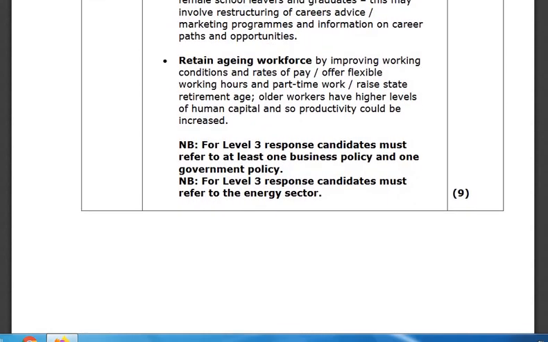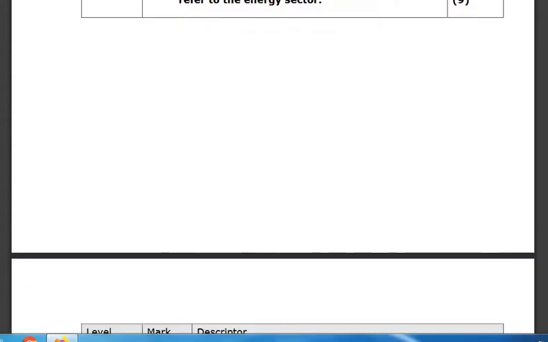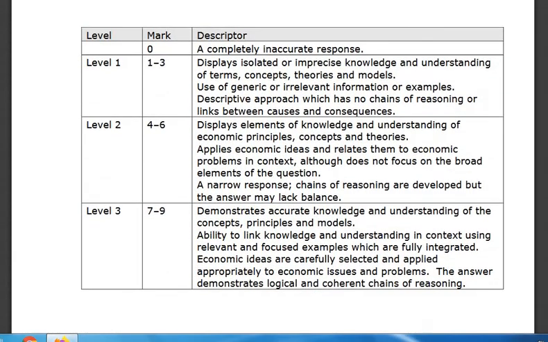what the examiners have written for other teachers, it's not going to work, because what they want is quality. They want you to demonstrate accurate knowledge of concepts, principles and models. They want you to show an ability to link knowledge and understanding in context using relevant and focused examples which are fully integrated.